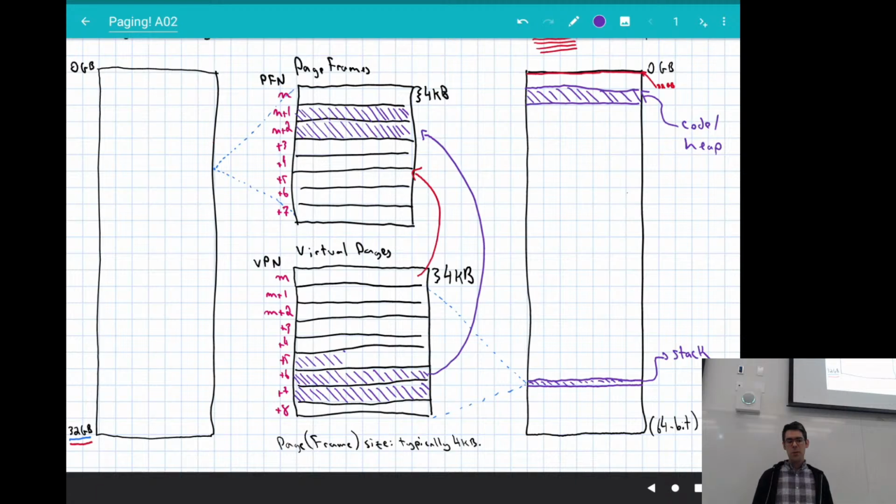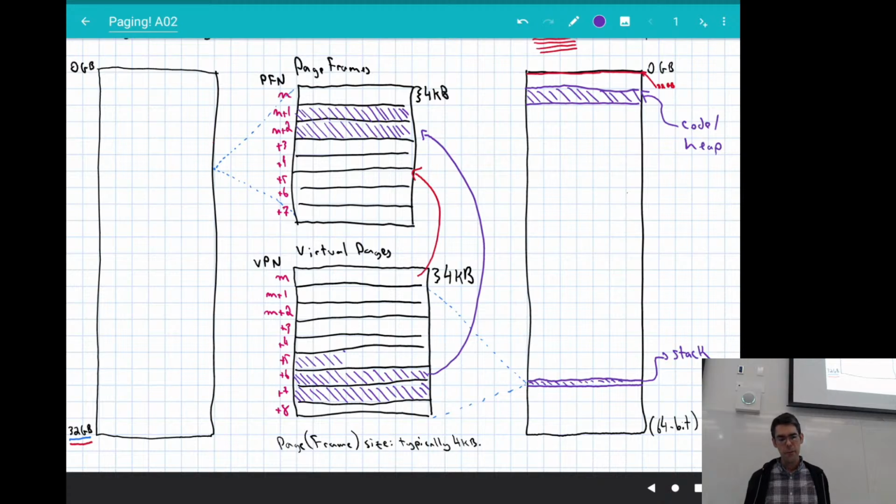But the difference between base and bounds and paging here is that I've sliced memory so thin that even allocating that tiny bit for that stack, and even though nobody else can actually use it, who cares? We're talking about 2 kilobytes of memory not being able to be used as opposed to an entire region of the address space being unusable by other processes.